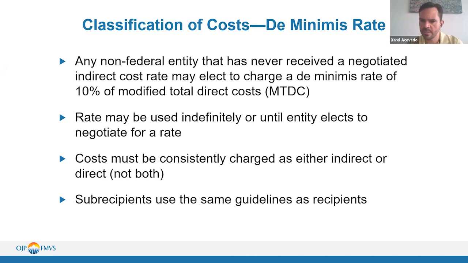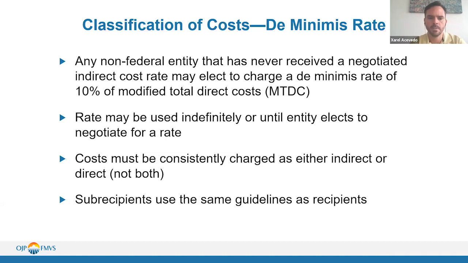Bullet number 3 says costs must be consistently charged as either indirect or direct, not both. I think I mentioned this in another slide. Once you assign something as direct or indirect, be consistent throughout the program, okay? And then the last says subrecipients use the same guidelines as the recipient.